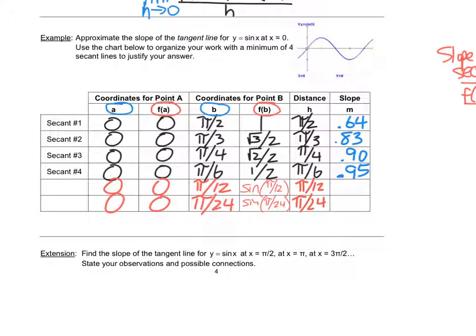Now you can see it's almost screaming at you that it's approaching 1. So I'll say 0.99 and then 0.997. Approaching. Cool.